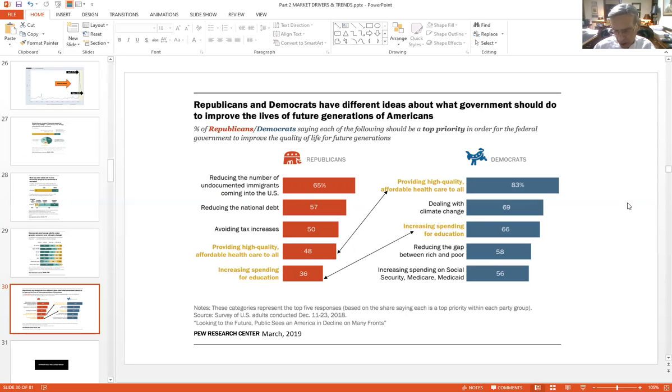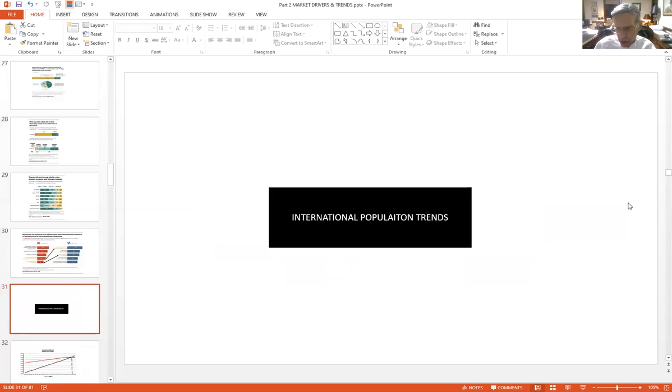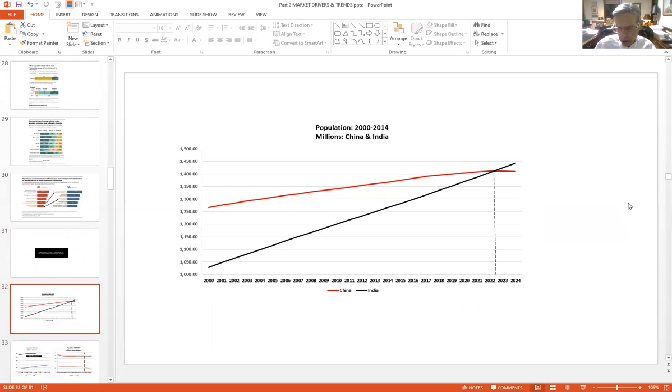Now, after the Democrats see the effects of all of these disbursements that have been made to cushion the effects of the coronavirus, the Democrats may change their mind about reducing the national debt. We'll see. So let's take a look now at some international population trends.